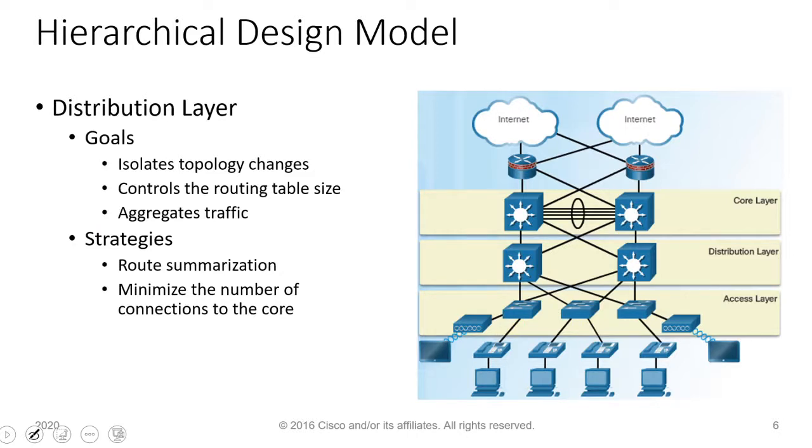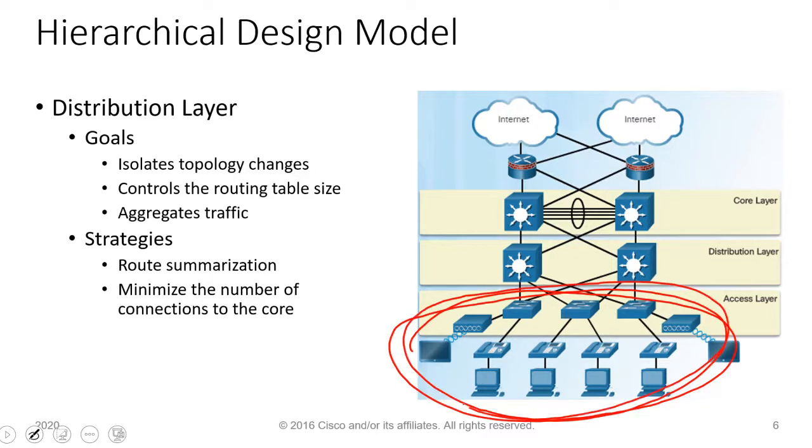Then the distribution layer is going to be something that is sitting in between the access layer and the core layer. And the main thing the distribution layer does is about isolating the topology changes. So even if the physical structure of the network or even the virtual structure of the network is changing at the access layer, the distribution layer can still remain the same.